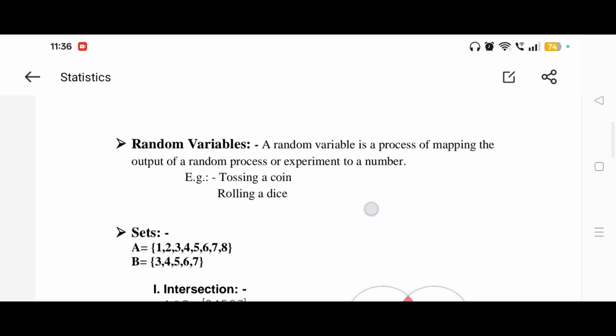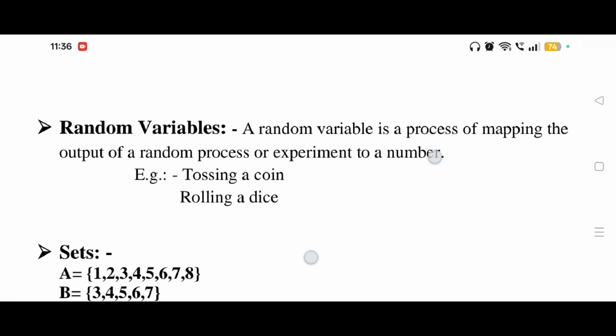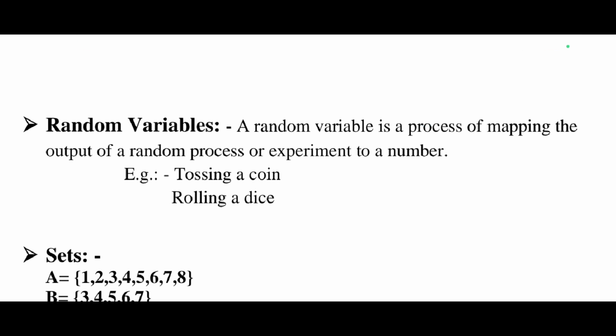In my point of view, what a random variable means is the outcome of a random experiment where the exact outcome is not known beforehand. That experiment is said to be a random experiment. The outcome of a random experiment follows one variable, that is a random variable. Tossing a coin, rolling a dice, and so on.